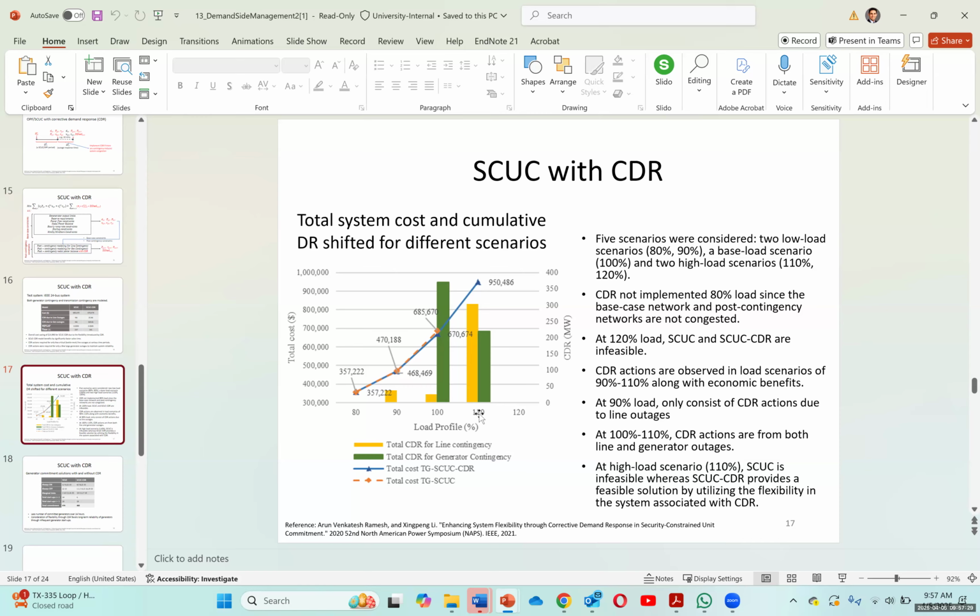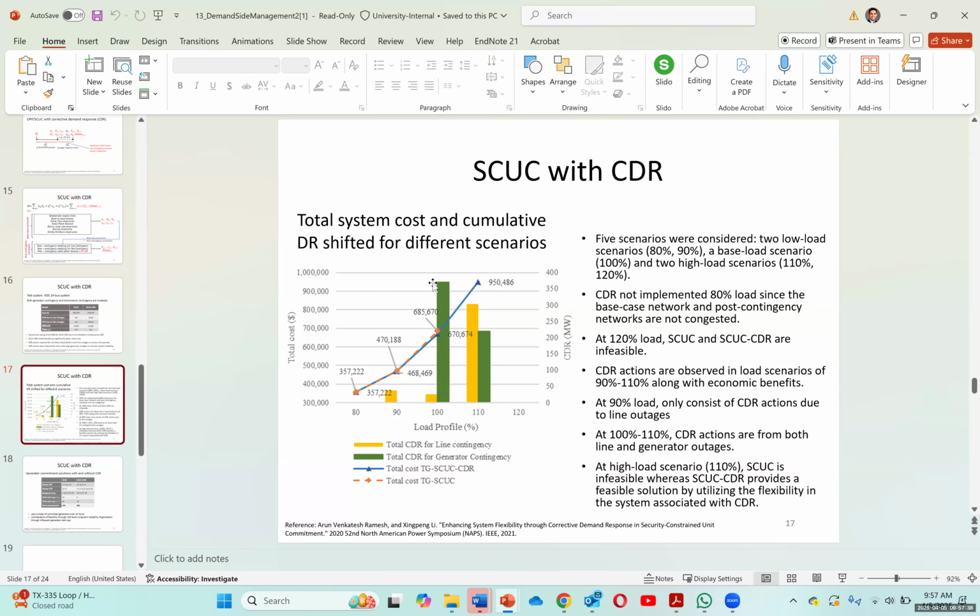the economic benefits. In this graph, the green is the total CDR for generator contingency. The yellow shows the total CDR for line contingency, and you can see that here for line contingency goes up. For the generator contingency, it comes down.